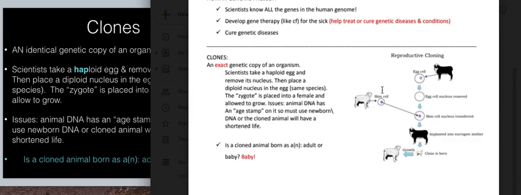We took a diploid skin cell nucleus from our Dolly, our white sheep, and inserted the nucleus into that egg cell. We processed it, then put it back into this black sheep and let her carry the baby to term. She gave birth to Dolly, an identical genetic clone.